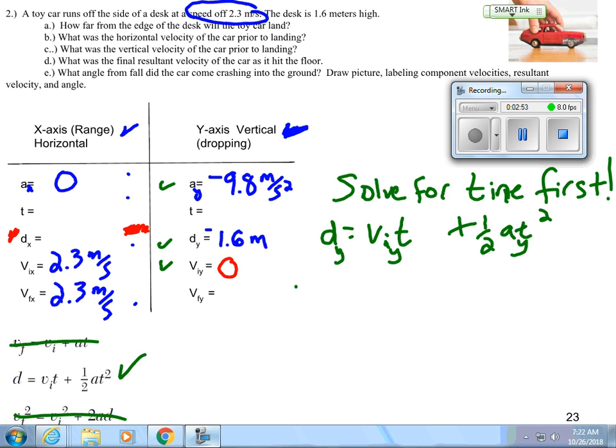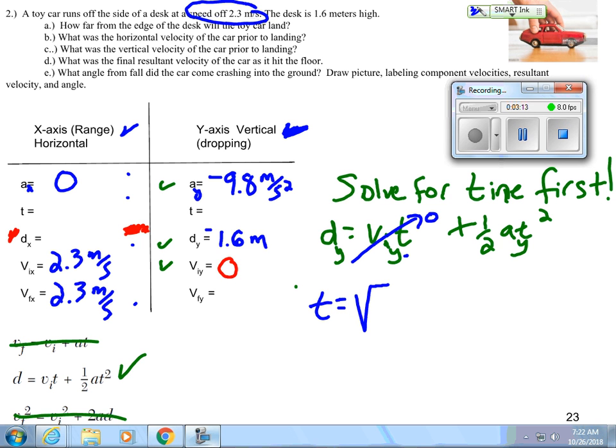Now I know v initial is 0 because it's just like dropping. Even though the toy car flings through the air to the right, the initial velocity in the downward y direction is going to be 0. Now I rearrange my equation and solve for t.